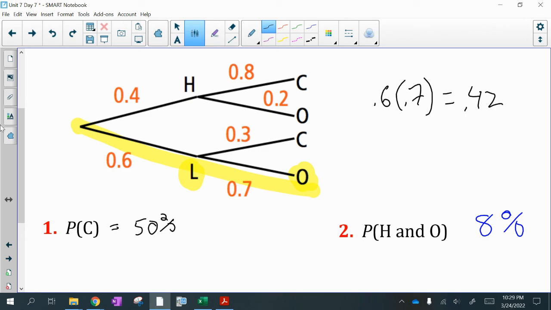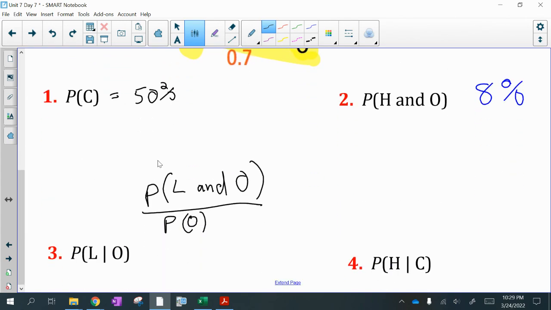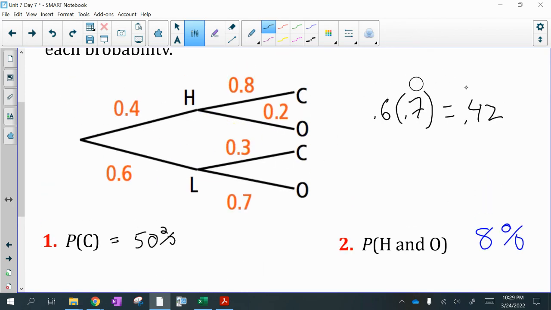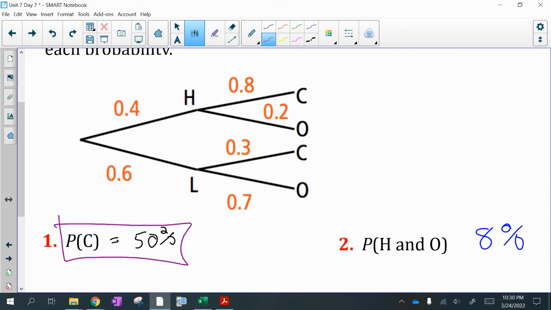Okay, so I'm going to scroll down to the bottom here, and I'm going to say that that is going to get me 0.42. And then I need to go back up here and find the probability of O. Now, interestingly enough, I don't have to do this fully because I know the probability of being closed is 50%.